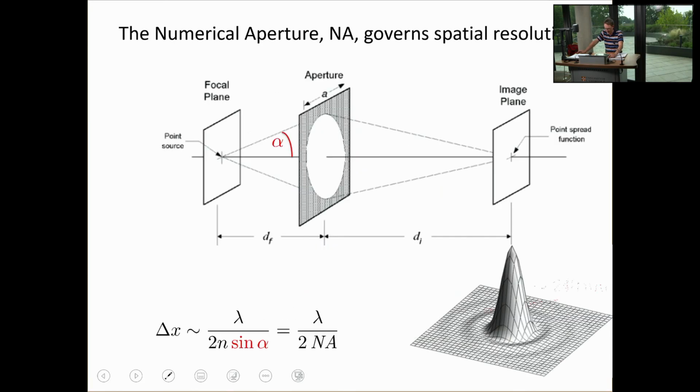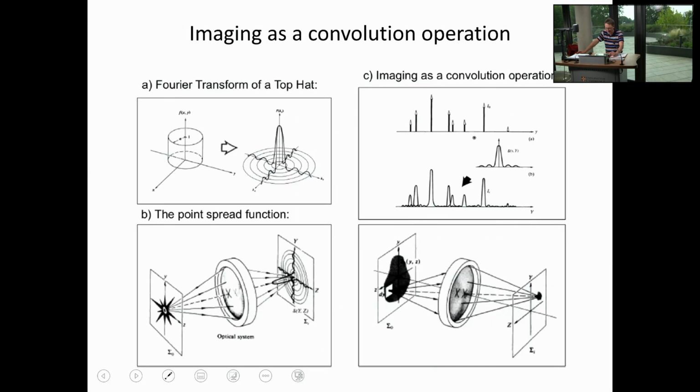Okay, so the imaging operation is now clear. If you have a couple of points in the object, let's say different dye molecules, let's say these are incoherent emitters. Each molecule will be mapped onto a Bessel function squared, right? So that would be the PSF. The Bessel function squared would be the PSF for each molecule.